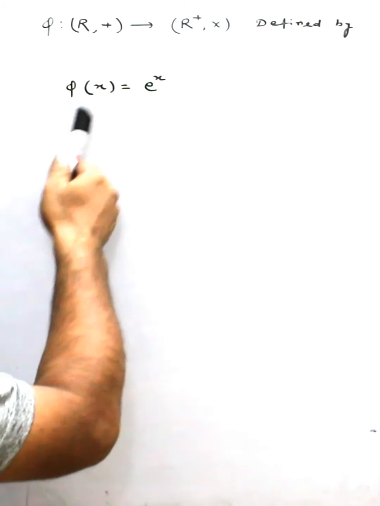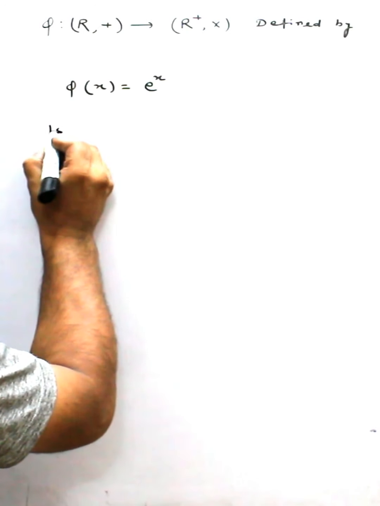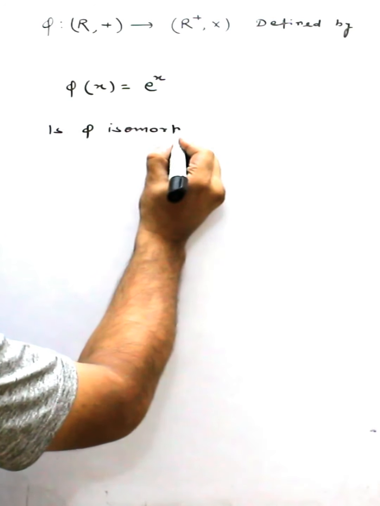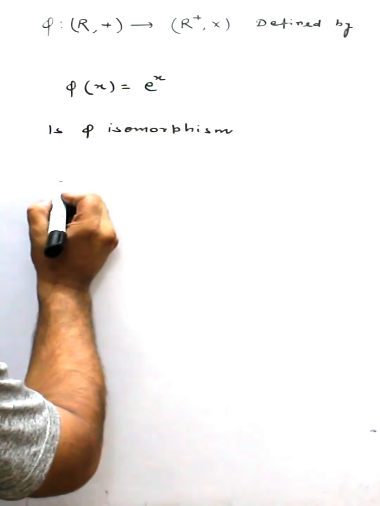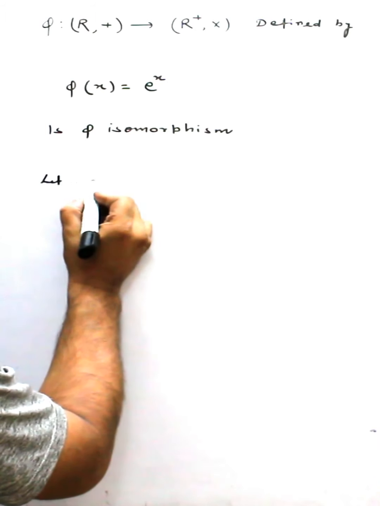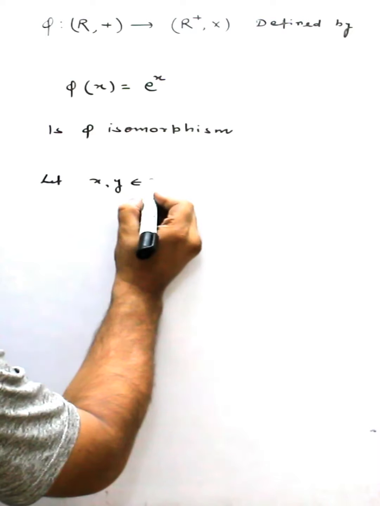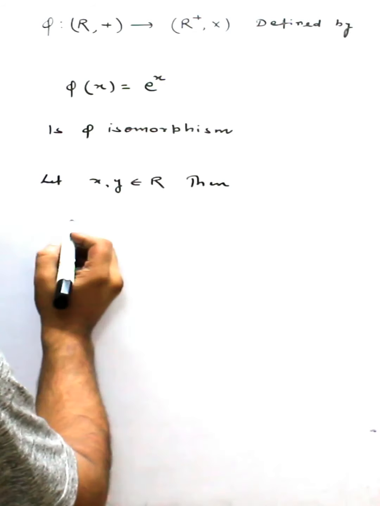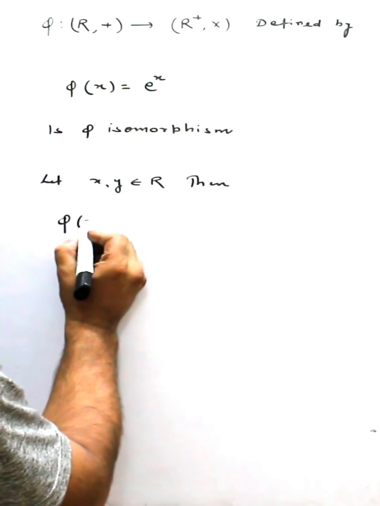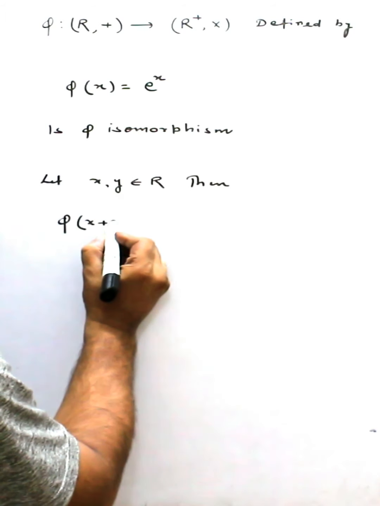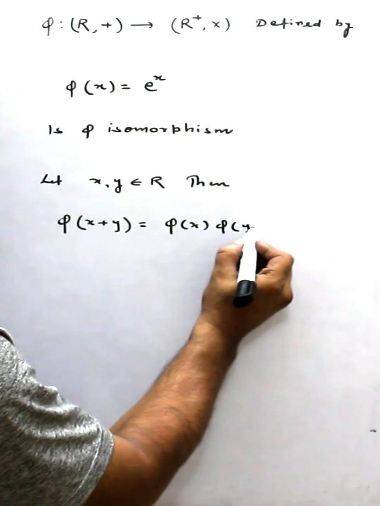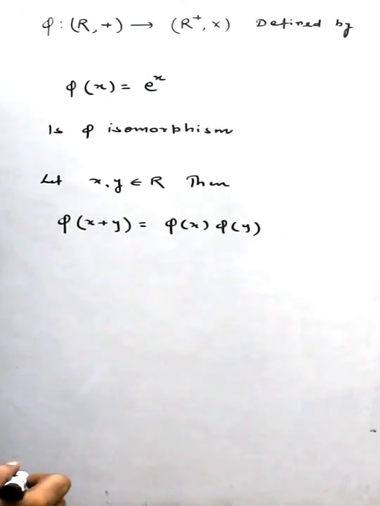Now we check, is phi an isomorphism? So let x, y belong to R, then we show phi(x + y) is equal to phi(x) phi(y), because the operation is multiplication.